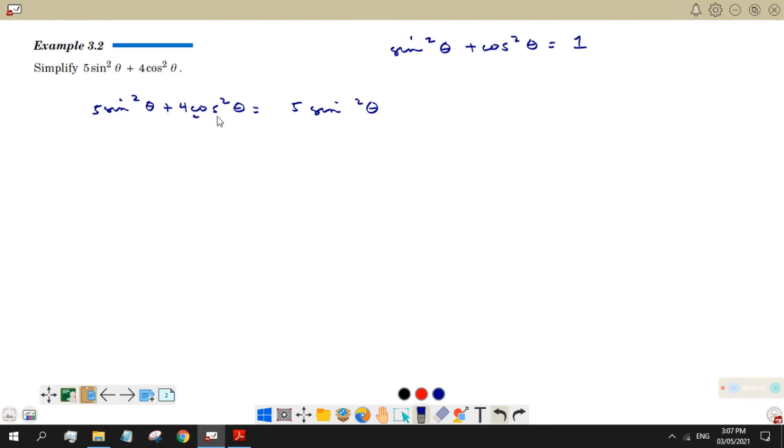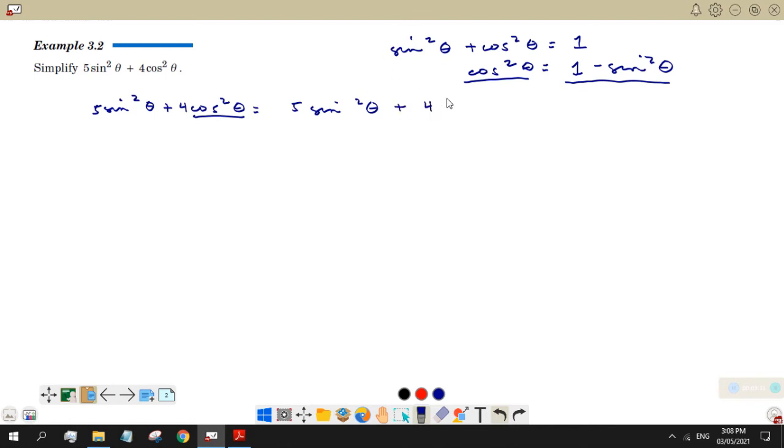So if we are looking for the value of cosine squared theta in terms of sine, we can use cosine squared theta is equal to 1 minus sine squared theta. So if we are looking forward to its simplest form, wherein only the trigonometric function value of sine is present, then we would like to substitute 1 minus sine squared theta to cosine squared theta.